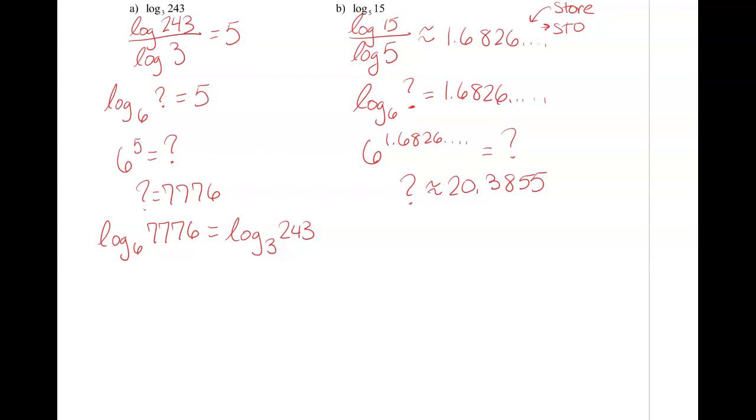So I know that I should have log base 6 of 20.3855 should be approximately, did not quite make that squiggly enough for my liking, approximately that log base 5 of 15 that I started with.